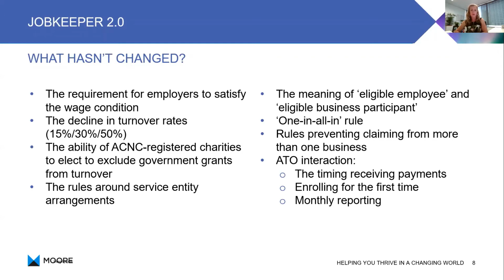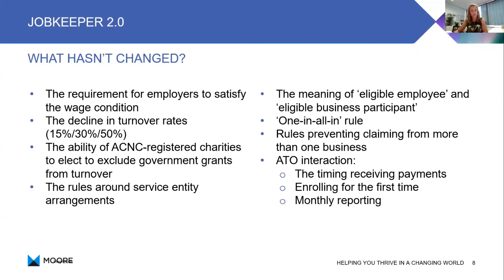So if you've got largely an employment entity that charges a fee across to a business operating entity, those rules are still effective. The meaning of eligible employee and eligible business participant: basically we're still testing employees and business participants on the basic rules we already had. What they've done is added an extra layer of complexity to testing them for the extension period.